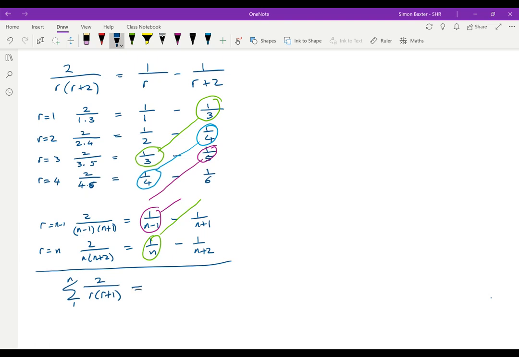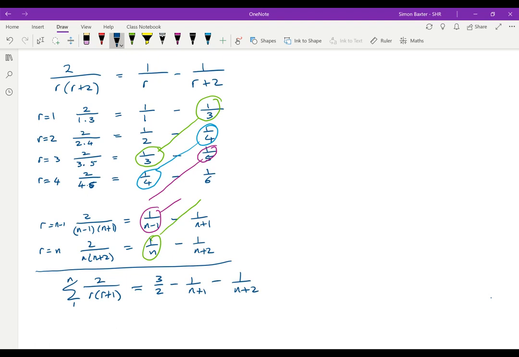And on the right-hand side, at the top, we've got 1 plus a half, that's 3 over 2. And at the bottom on the other side, we've got minus 1 over n plus 1 minus 1 over n plus 2.